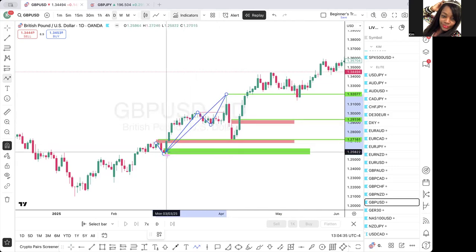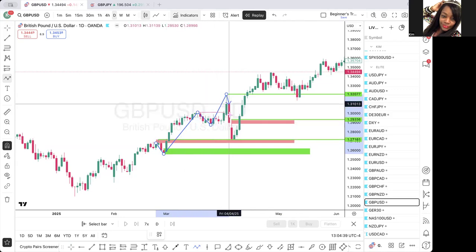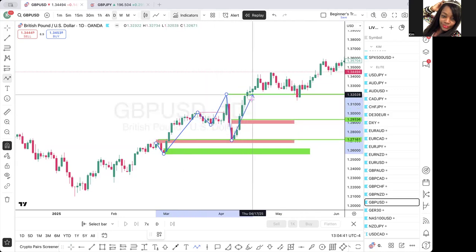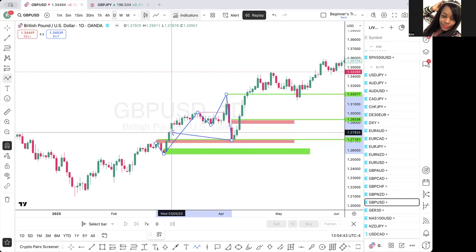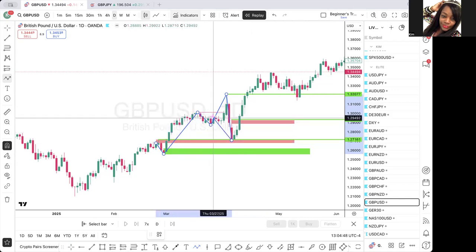I need to see price, once this candle breaks, you're expecting the pullback, right? If it didn't pull back, it's almost still a valid zone.